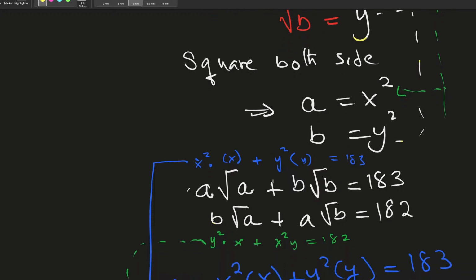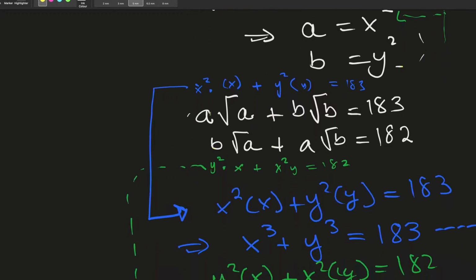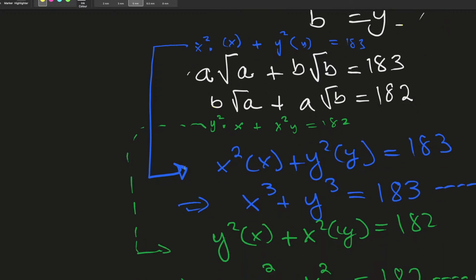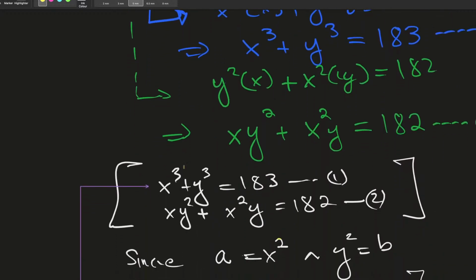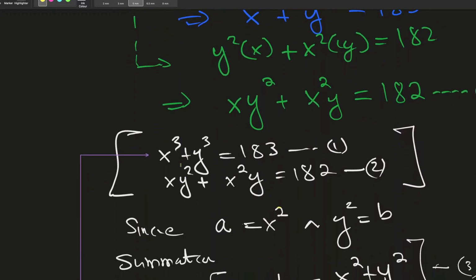Then we did a simple substitution over here, which we all know, that gave us this expression. We had x cubed plus y cubed. All right, friends, look at it. This is what helped us to achieve what we've done.